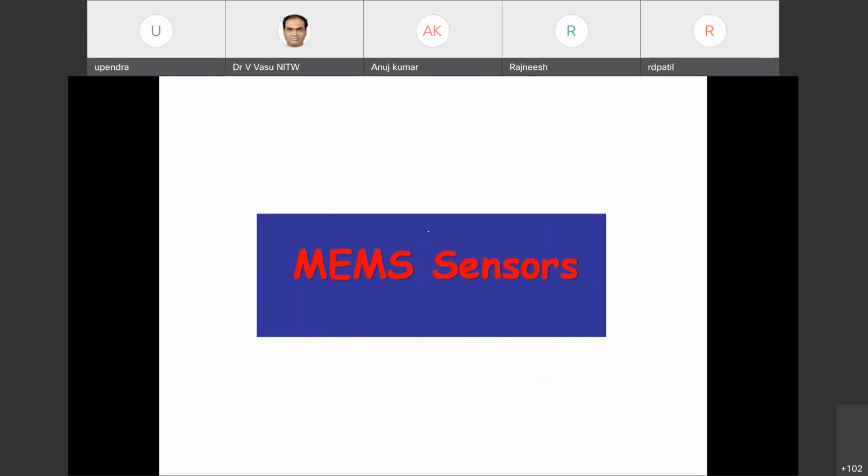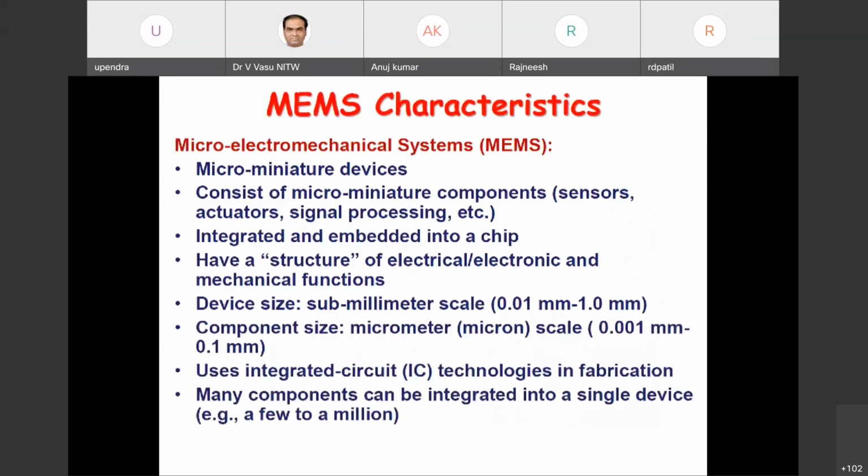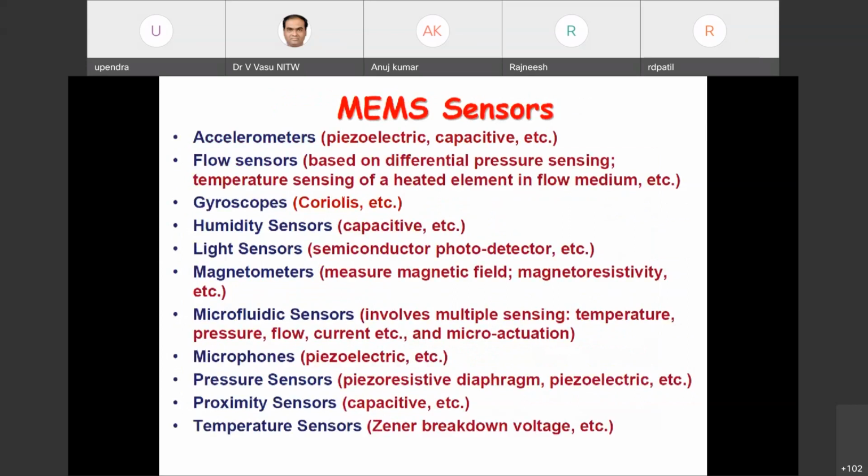Now coming to the MEMS sensors, I will give you a brief idea, as we are going to have one complete session on MEMS sensors on the 8th. Accelerometers are mainly used in automobile applications.